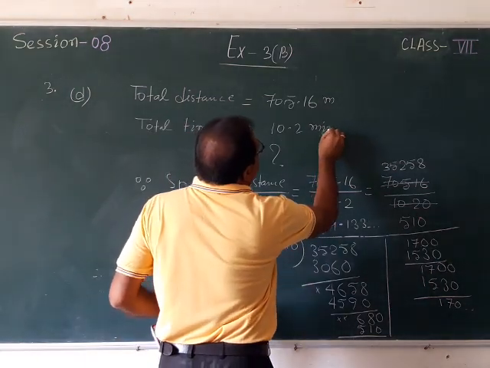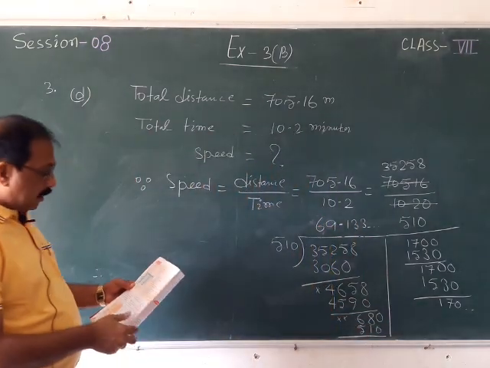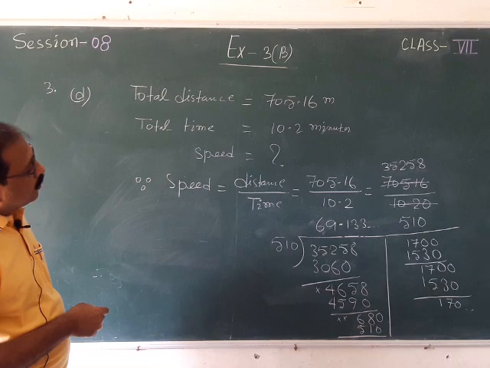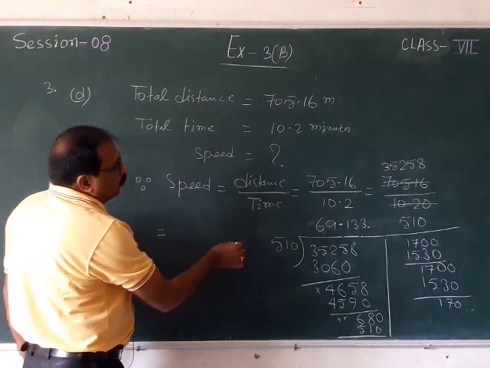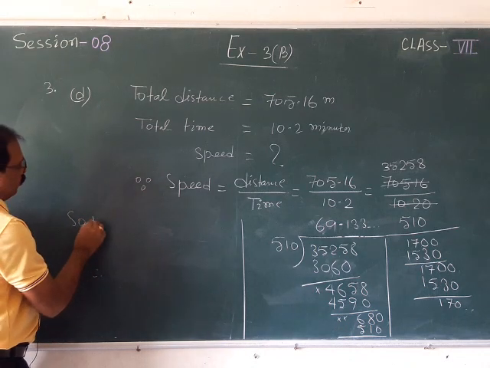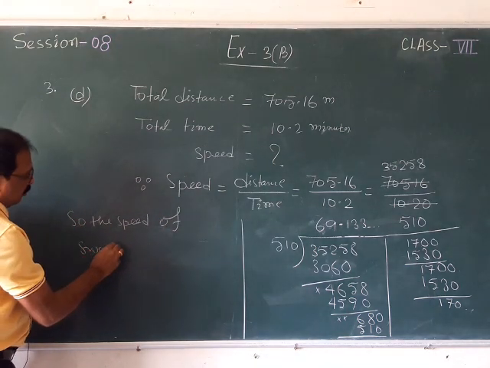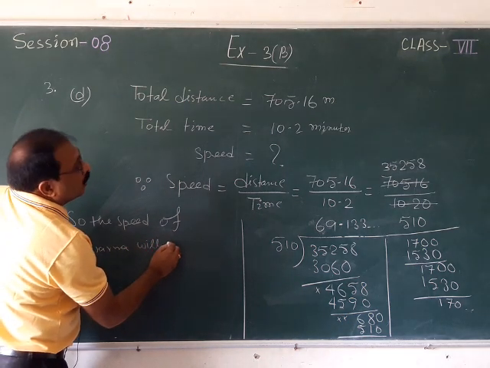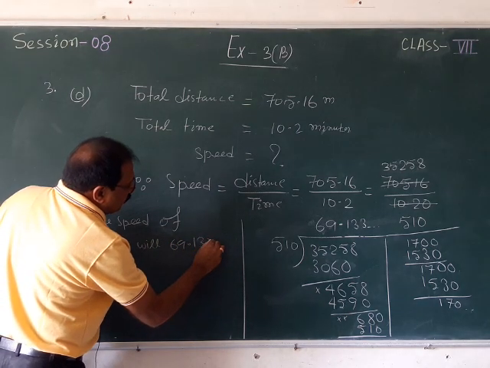You write clearly that the speed of Swarna will be 69.13 meter per minute.